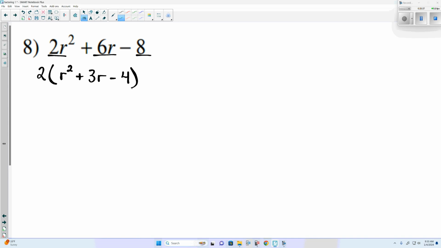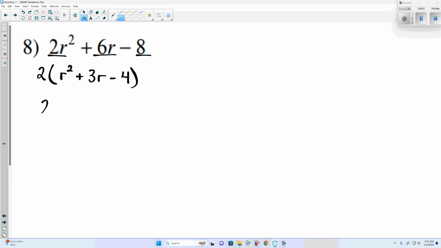Now, since we didn't remove a negative, the signs stay the same, positive, positive, negative, and we get this here. Now, we can again look back and see if there is any other greatest common factor, which there's not, because we just have r squared. If you're having trouble seeing what the greatest common factor could be, remove any that you think are a common factor, and then make sure there aren't any left.